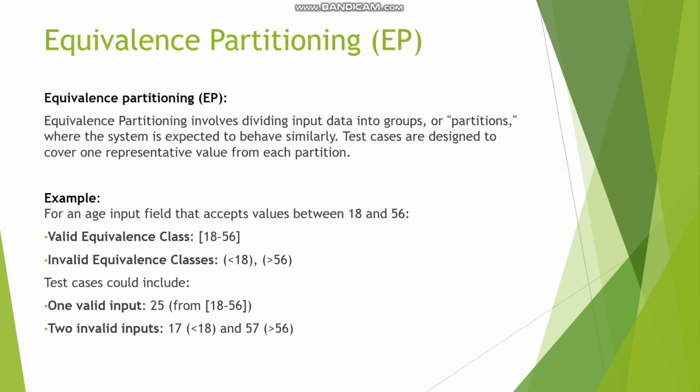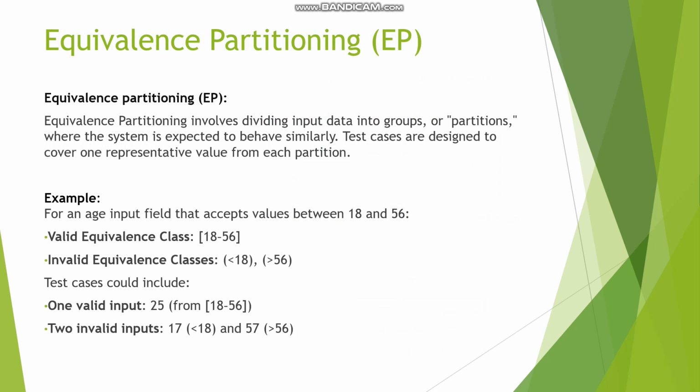Now equivalence partitioning involves dividing input into groups or partitions where the system is expected to behave similarly. Test cases are designed to cover one representative value from each partition.